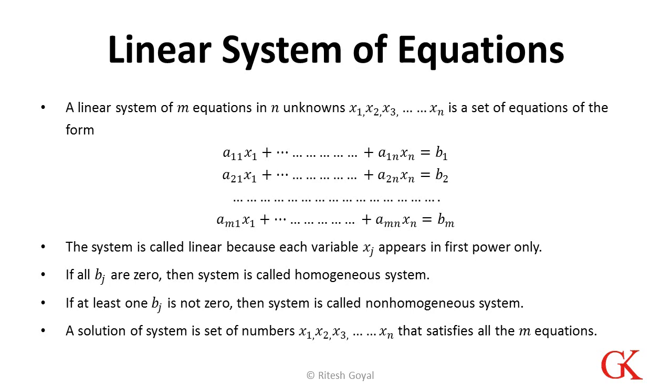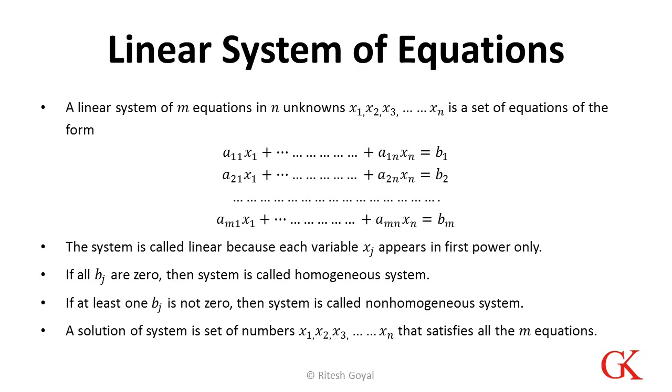When we talk about solution, solution means a set of values for x1, x2, up to xn that satisfies all m equations. We are talking about all m equations. We cannot say, okay, we got some set of x1 to xn values which satisfy the first equation but do not satisfy the second. No, that's not the solution.